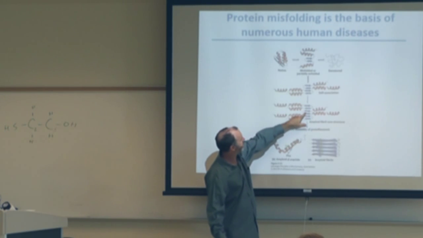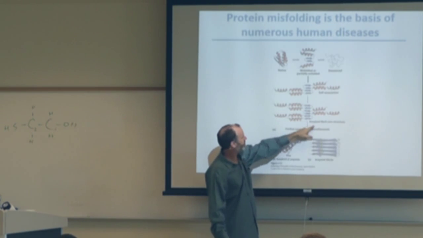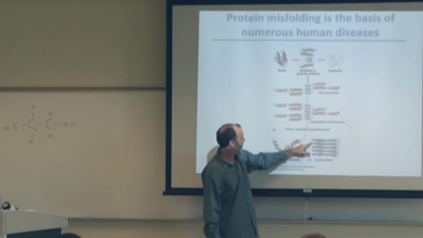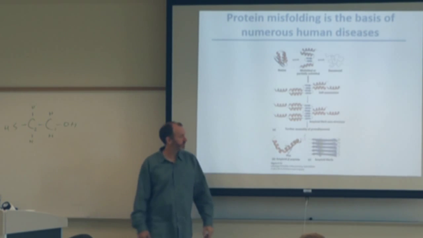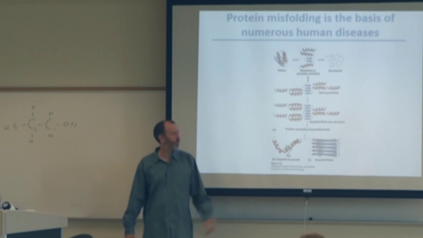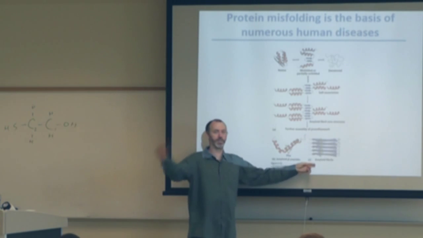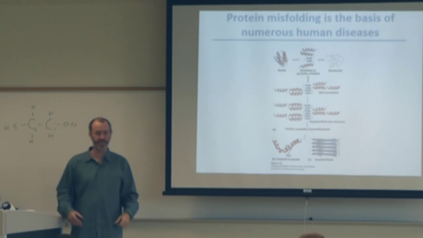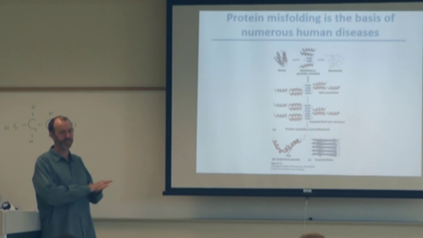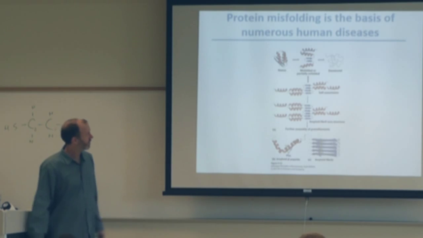They form these cross beta sheet structures that ultimately fall out of solution and form protofilaments and then larger amyloid filaments. They drop out of solution and aggregate outside the cell or inside the cell, depending on the disease and the protein.